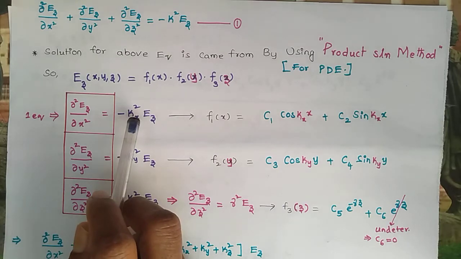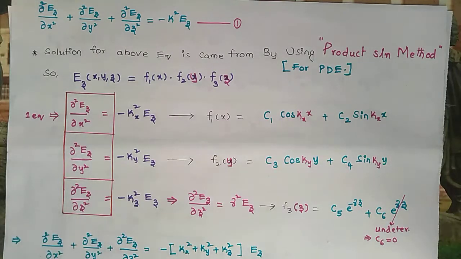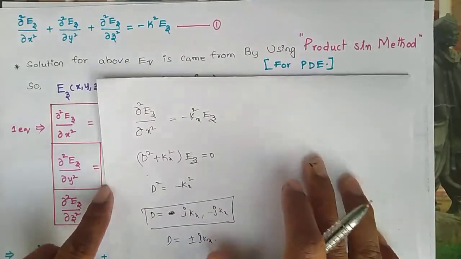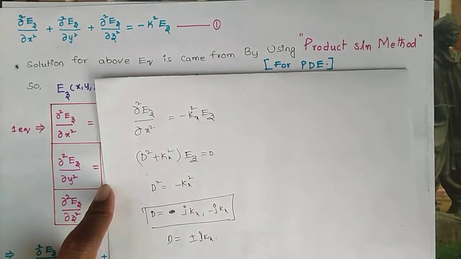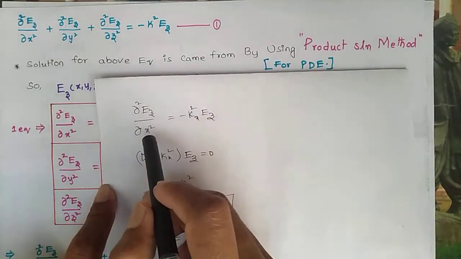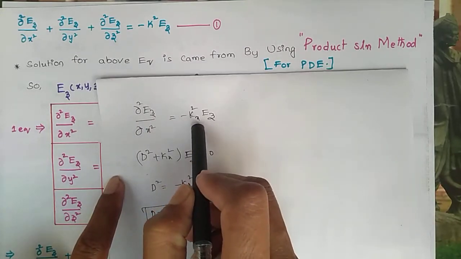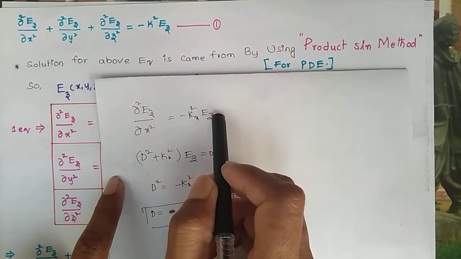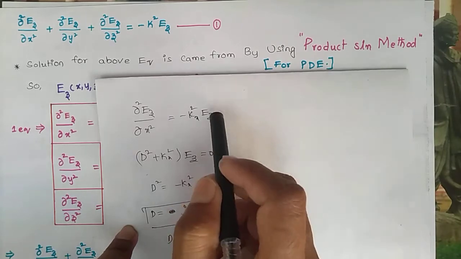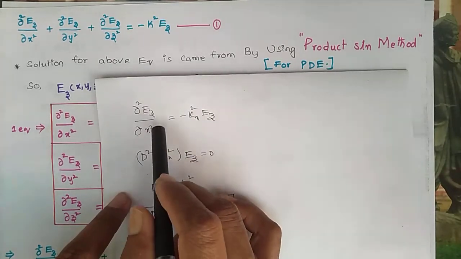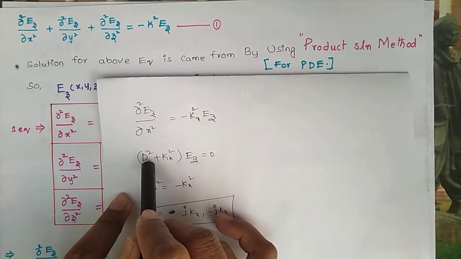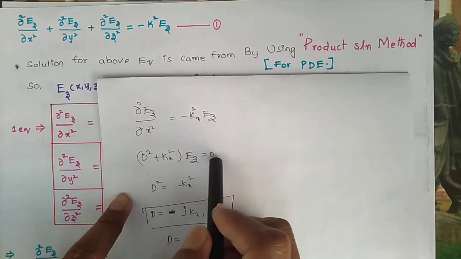I am taking dou square Ez by dou x square equals minus kx square into Ez, so the auxiliary equation is D square plus kx square equals 0.